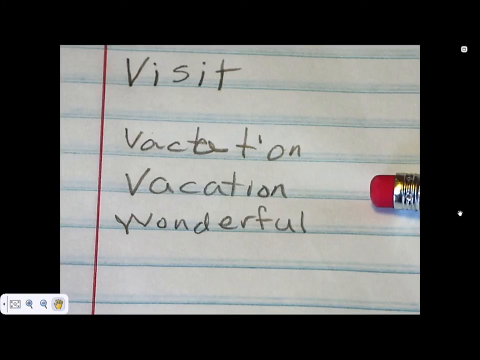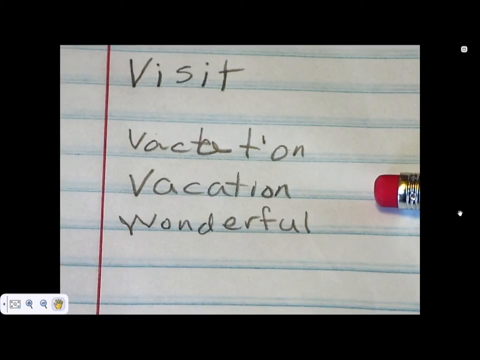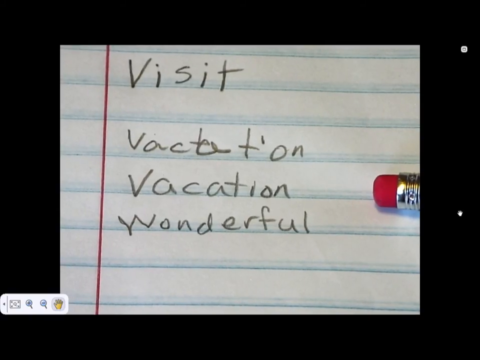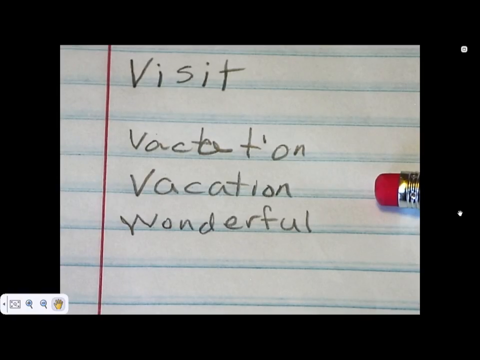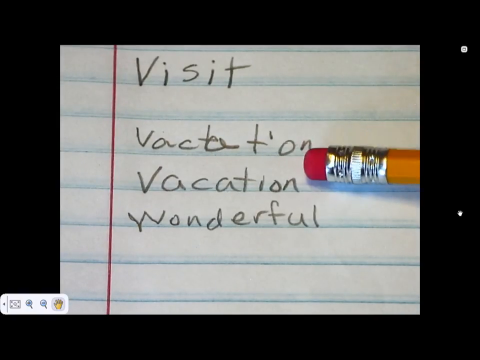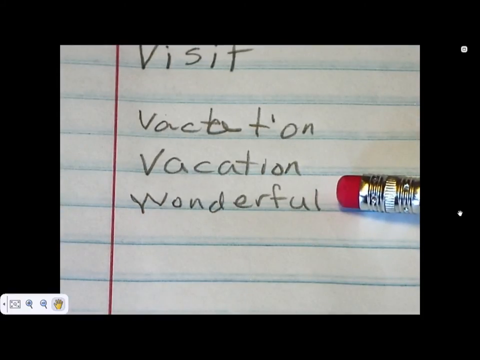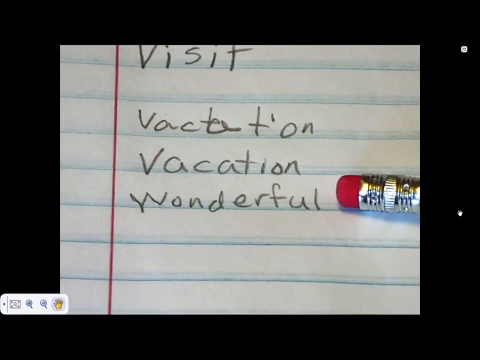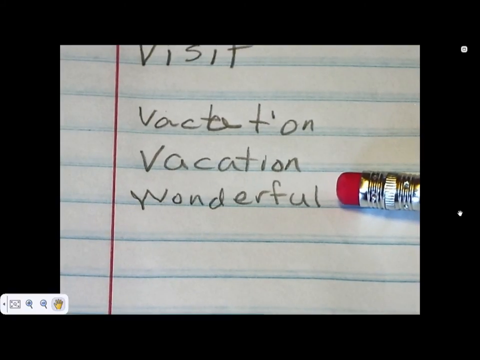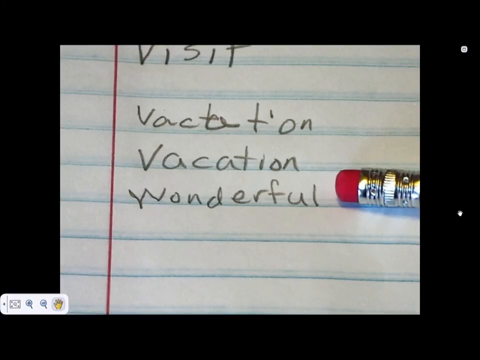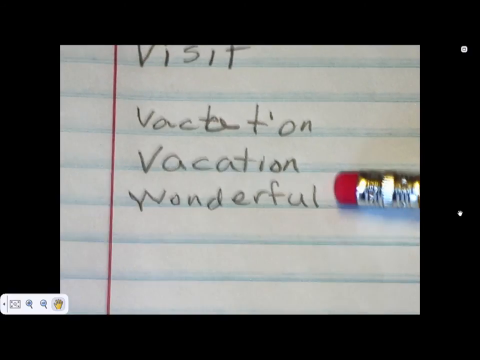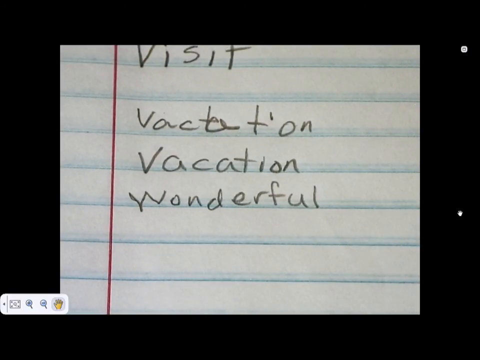Like if we just had vacation, you might have been out of school for a certain number of days, for summer, for Thanksgiving, for Christmas holidays. Wonderful means amazing, interesting, or excellent. Jeremiah wrote a wonderful poem. Jeremiah drew a wonderful picture. Okay, so it was wonderful, it was amazing, interesting, it was really, really good.